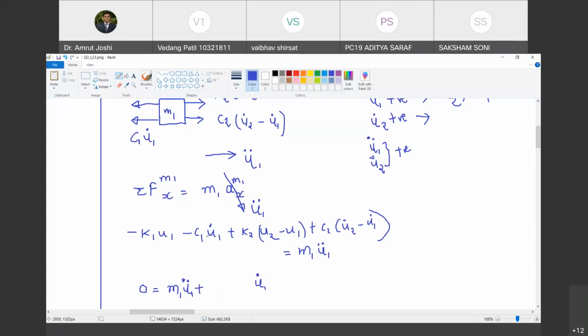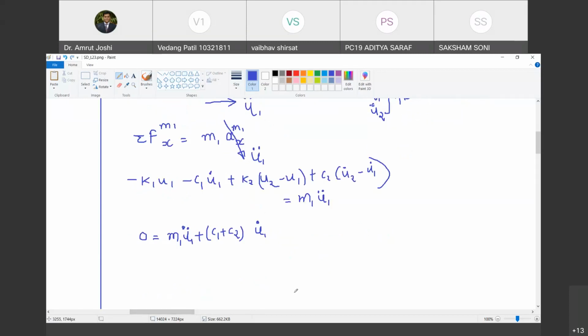This minus C1. c1 u1 dot will go on other side and it will become positive. So it is going to be c1. Do you agree with me? Yes, sir. And this minus c2 u1 dot, c2 into minus u1 dot. So minus c2 u1 dot will go on the other side and will become positive. So it is going to be c1 plus c2. Yes, sir. Happy? Yes, sir.